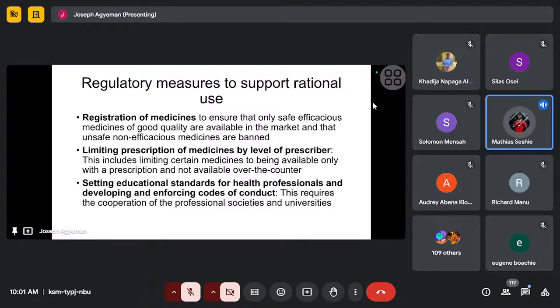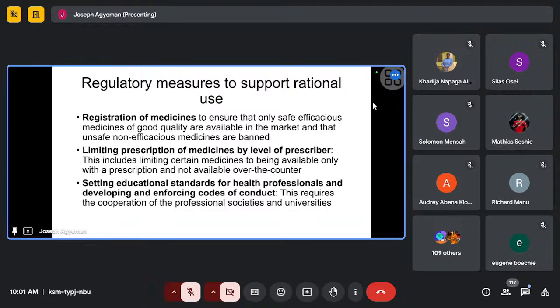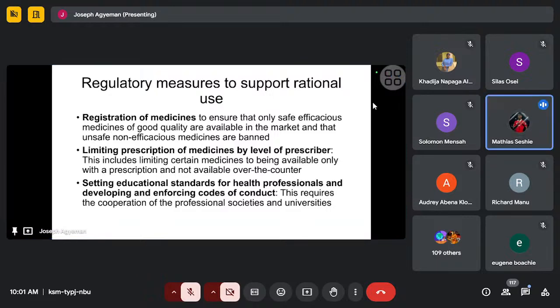Registration of medicines from FDA will suggest that if the medication is actually registered by FDA, that means it's actually a medication that would have an efficacy. So if you want to promote rational use of medicine, where you are looking at providing the right medication for the right patient, I think registration of medicines by FDA can help in achieving such a target.